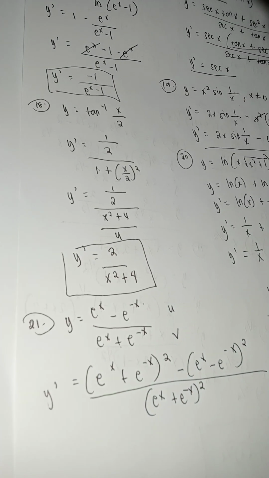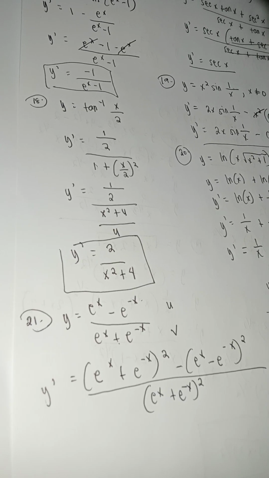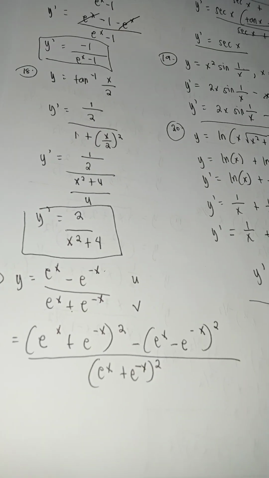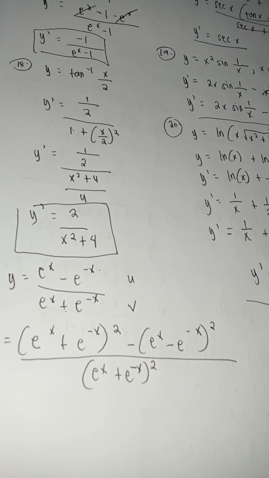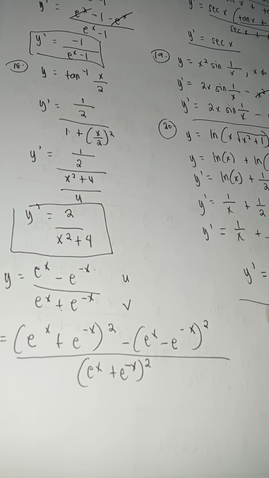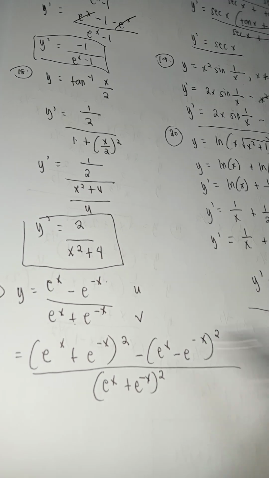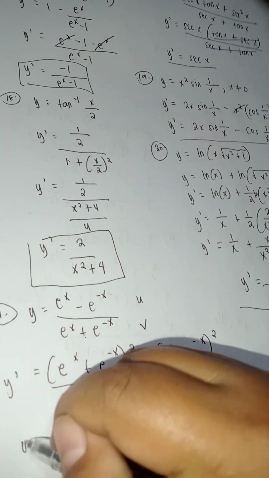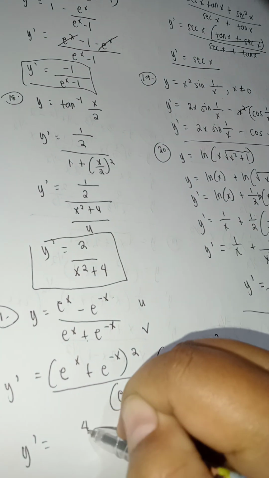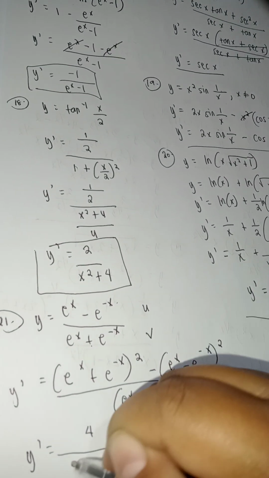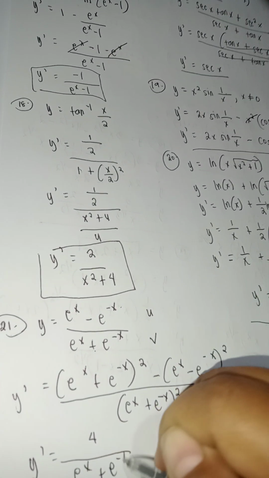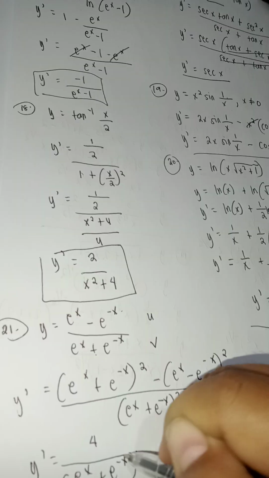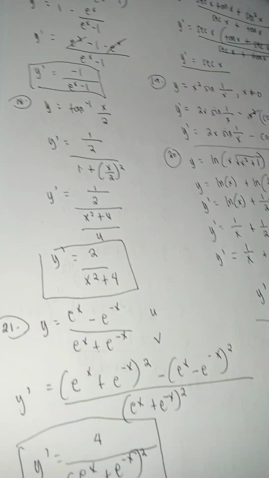We are going to use the difference of squares. We all know that the difference of squares, a plus b squared minus a minus b squared, equals 4ab. So 4 times e to the x times e to the negative x is 4. So it is 4 over, copy the denominator, e to the x plus e to the negative x squared. So this is our final answer.